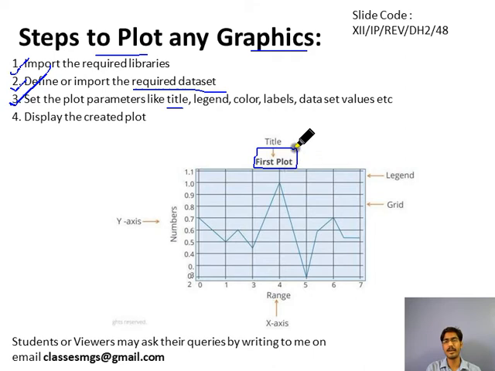Then the legend, shown on the top right corner, says what the data graph is showing. Then the color of the graph, like this is a green graph. And then labels: the label of the x-axis is range, and the y-axis label is numbers. So these are the labels.